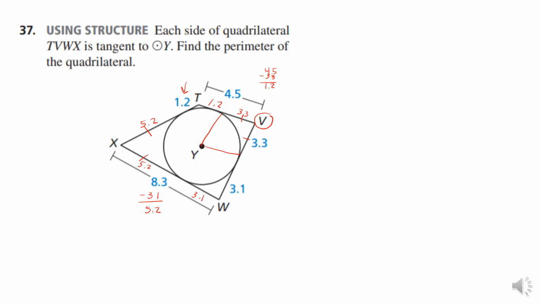So this side is 6.4. This side is 4.5. They gave us that one. The next side is 6.4. And the last side is 8.3 because they gave that to us. And so the final answer is 25.6. So that external tangent rule where they're equal if they have the same common external point really helps with this kind of a problem.